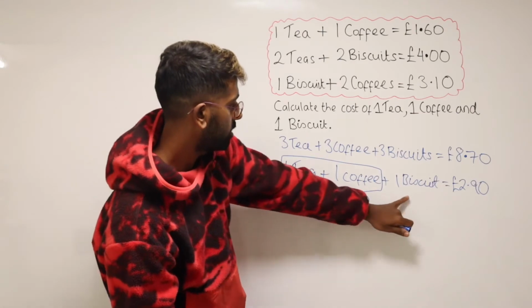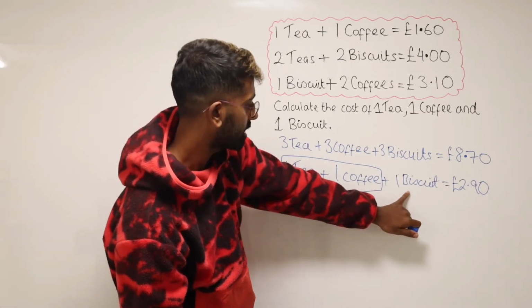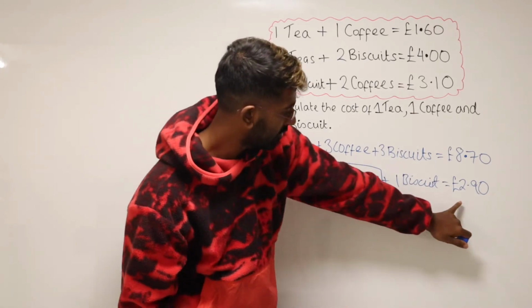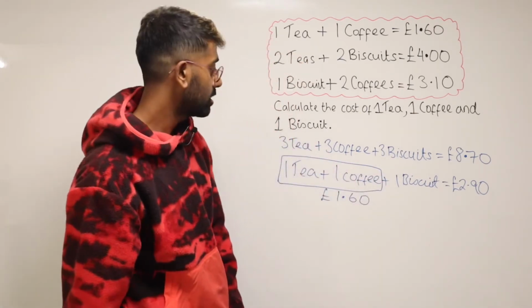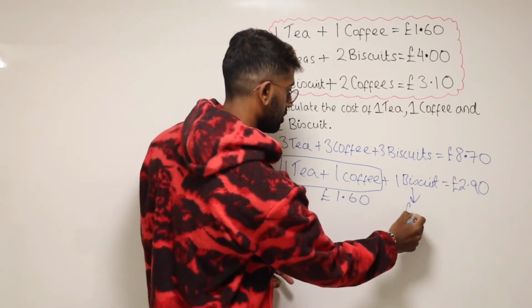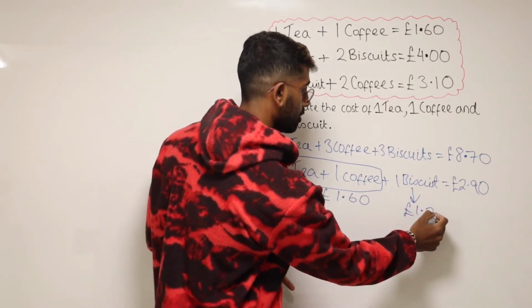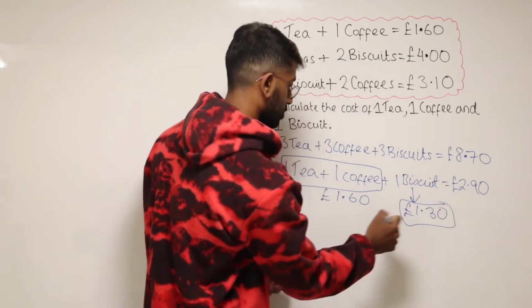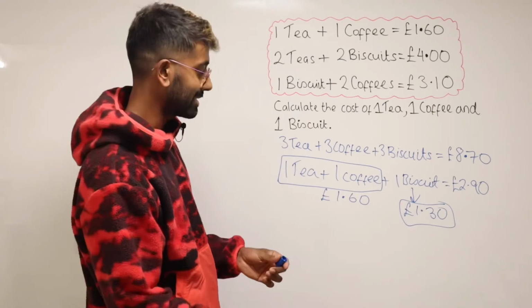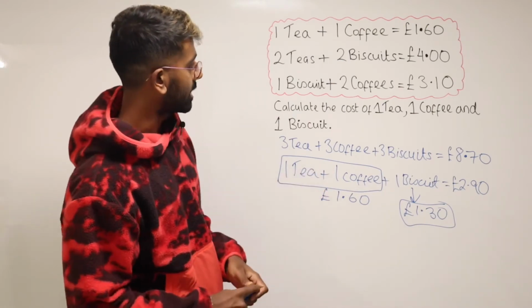Well, the only other thing here is the biscuit, which must then add on to this £1.60 to give me £2.90. So I can work out how much a biscuit is. Well, that means a biscuit must be £1.30 because 160 plus 130 will give you £2.90. So you've got the price of a biscuit.